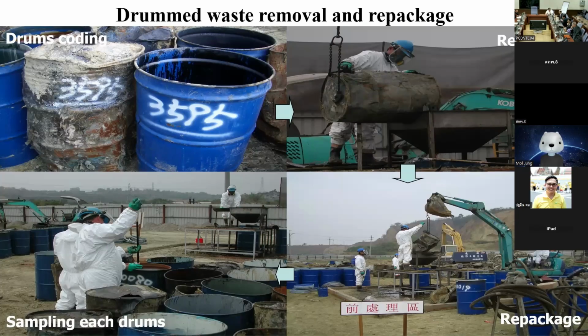There's waste dye and waste resin, and some reactive waste is about 2% and corrosive is 1%. Every drum has to be opened, and the waste repacked from the old drum into a new drum.